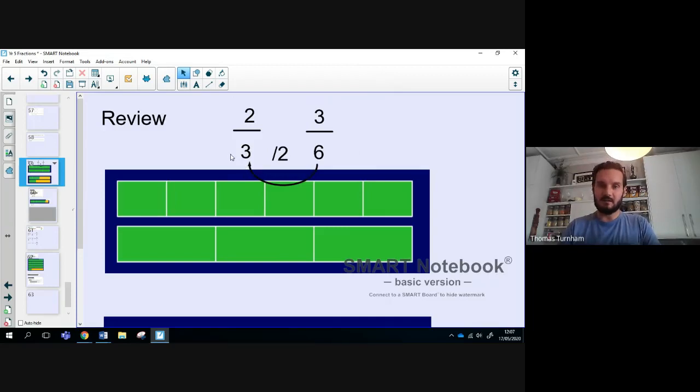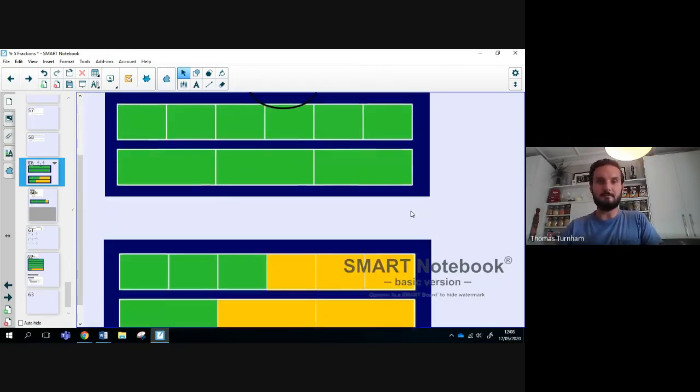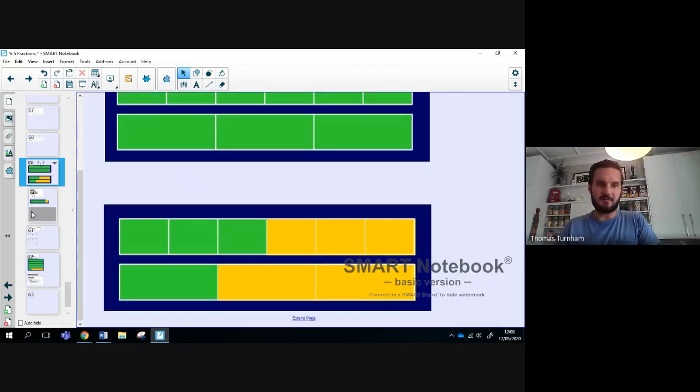And dividing by 2, well, that's easy. I know that 2/6 becomes 1/3. So 6 divided by 2 becomes 3/3. I can't divide 3 by 2, but I know that it's going to be 1.5, which is going to be less than 2. So although it wouldn't be a fraction, it does help me work out which is greater or smaller. That was just another way of showing it there.